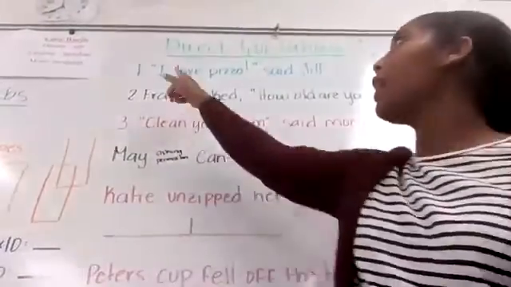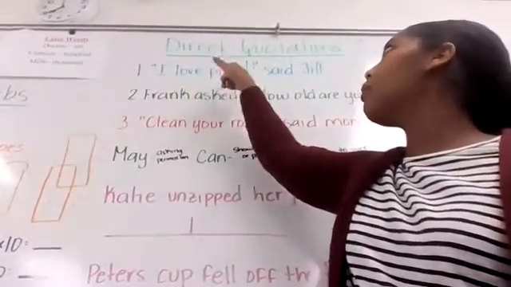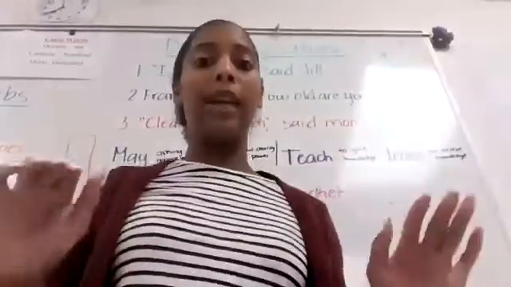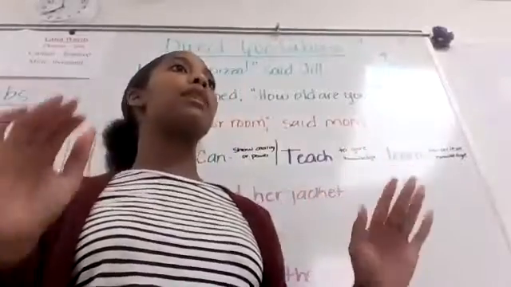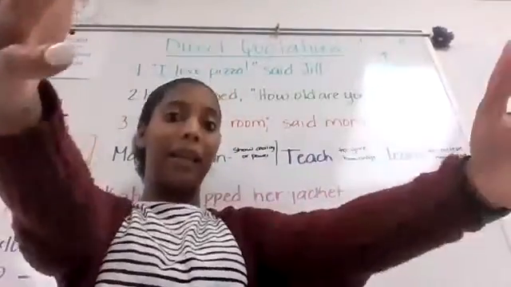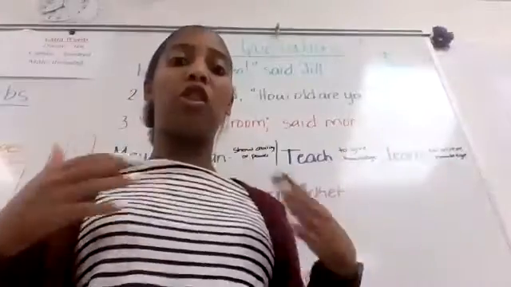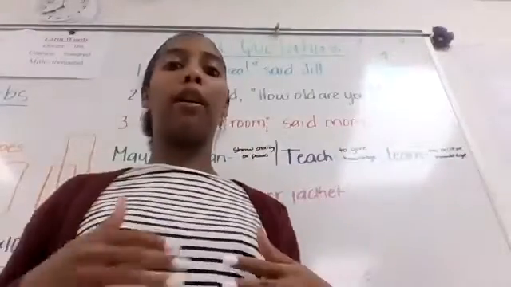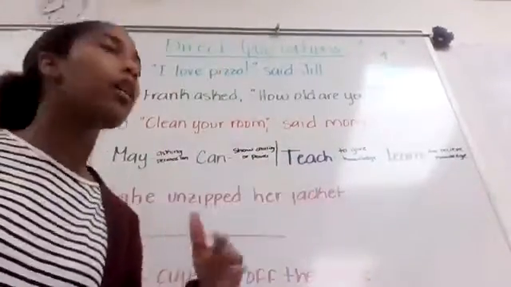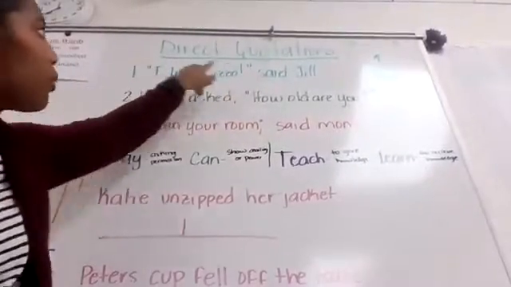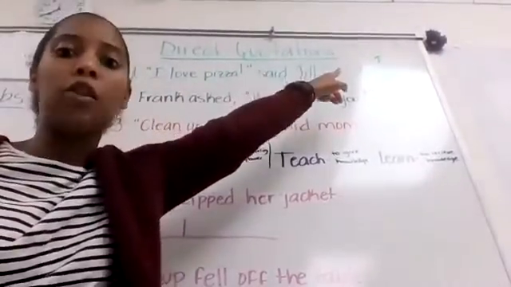What did she say? I love pizza, said Jill. This is the exact words that she said. If you look at the beginning of I and at the end, look at what you see here. What are those? The quotation marks.